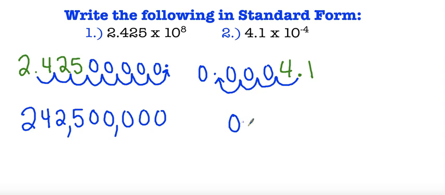And here I have a very small number because I'm multiplying by 10 to the power of negative 4. So that's the difference between multiplying by 10 to the power of a positive and a negative integer. A positive exponent will give you a larger number, and a negative exponent will give you a smaller number.